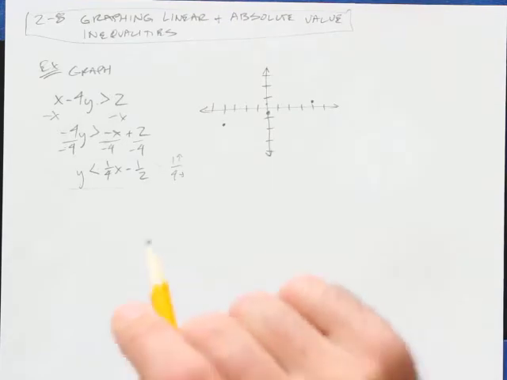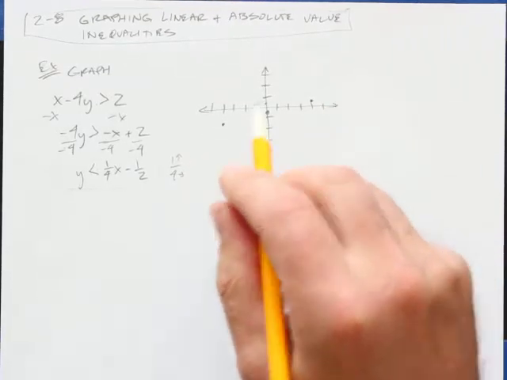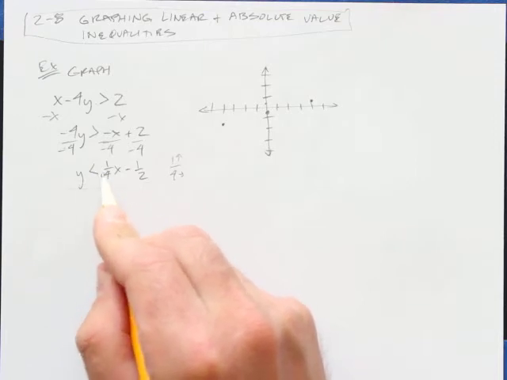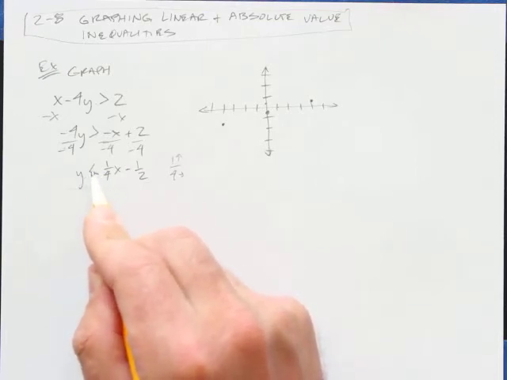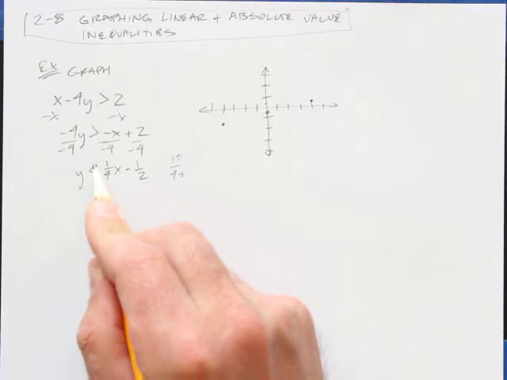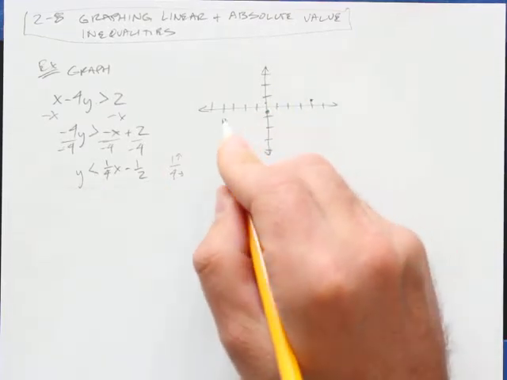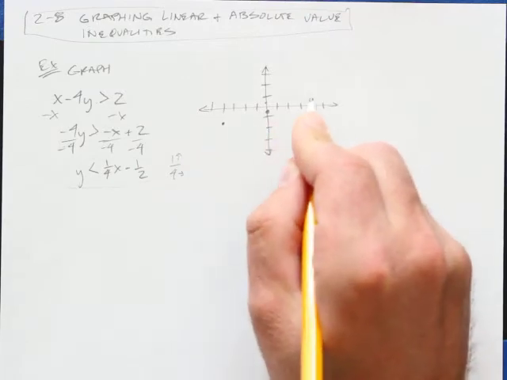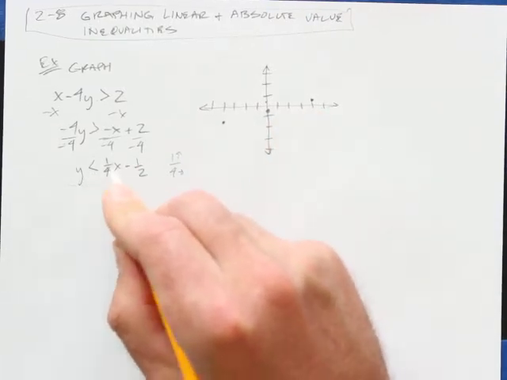And so now, before I draw a line between these, I need to pay attention to my sign, and this inequality sign here says it's only less than, not less than or equal to. So if it is not or equal to, then that means this line is not included in the solution set.